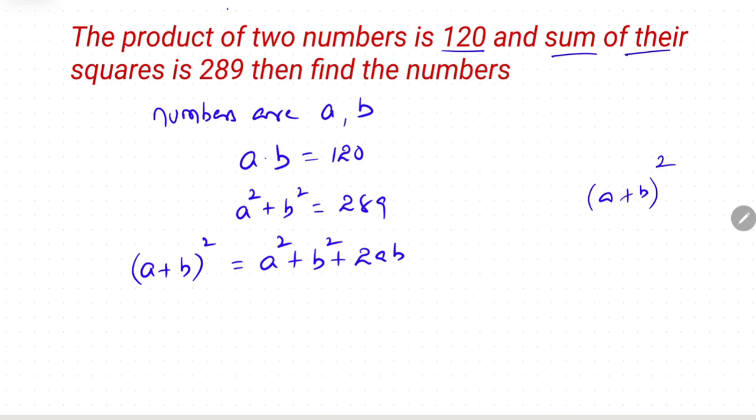To get a plus b, we have to get a plus b whole square. We already know a square plus b square is 289, given, plus 2 into a into b, which is 120. So 289 plus 2 times 120, that is 240.